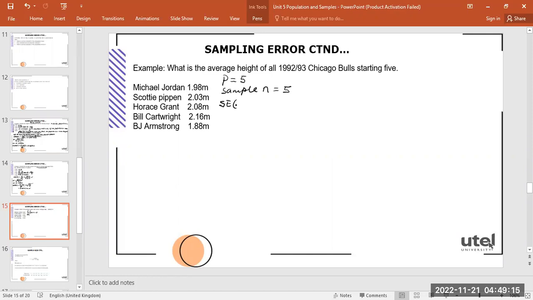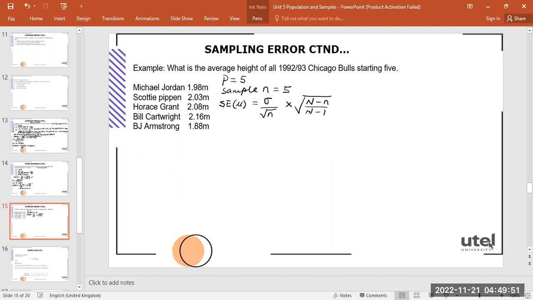Since we are talking about a whole population, instead of x bar, it is going to be the standard error or sampling error of mu, which is given as the standard deviation, but in this case sigma since we are considering a population, divided by the root of n, multiplied by the root of capital N minus small n divided by capital N minus 1.